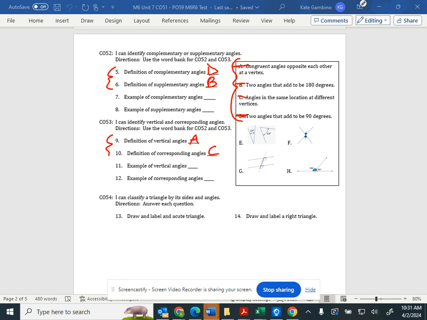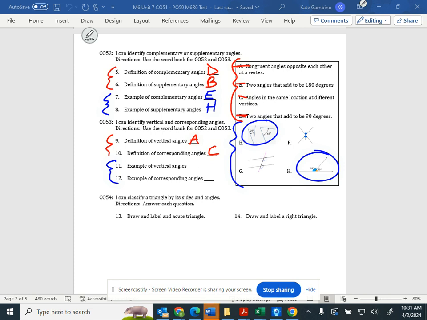So then the second part is we had to do what the example of it looks like. So complementary angles, if we add them together, they equal 90 degrees. Please stop talking. And supplementary angles would be the two angles that added together to equal 180 degrees.